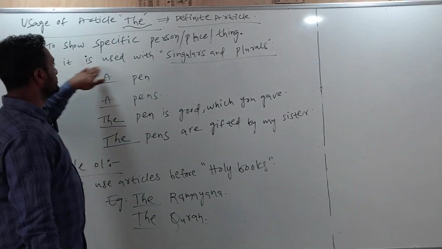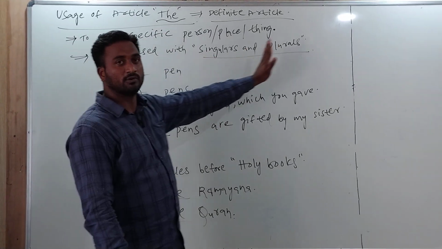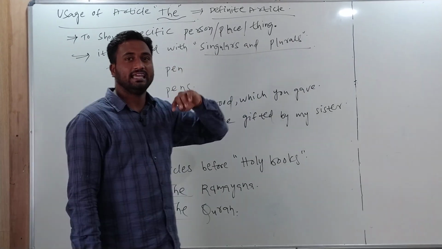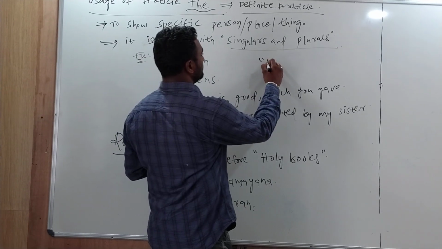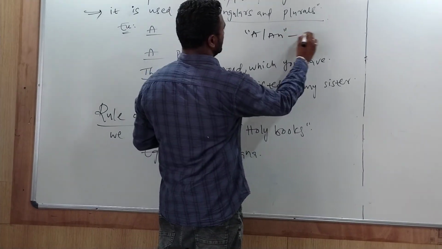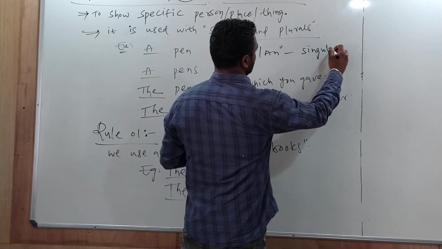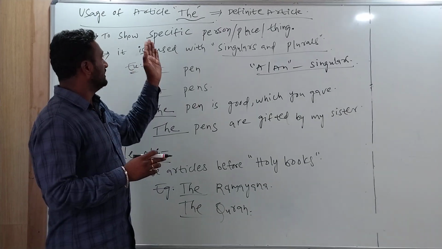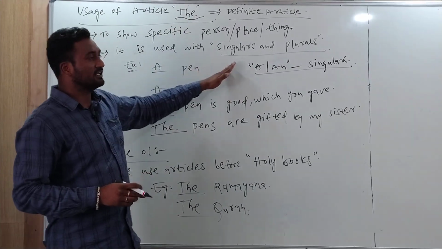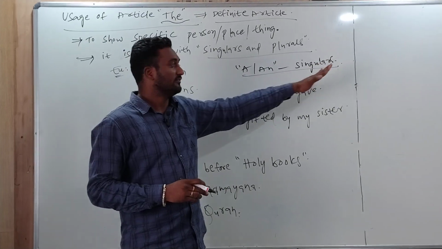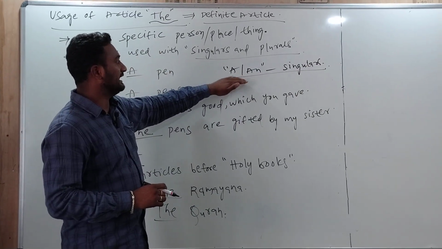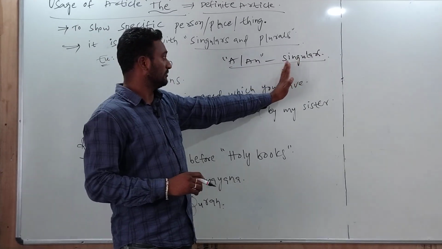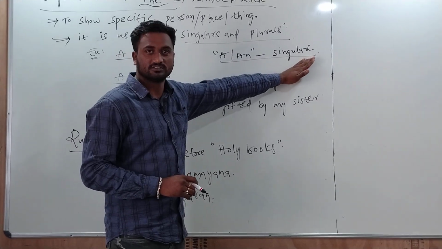The is used along with singulars and plurals, whereas article a and an are always used only with singulars only. I repeat once again, we use article the with singular and plural nouns, whereas indefinite articles like a and an we use only along with singular nouns.